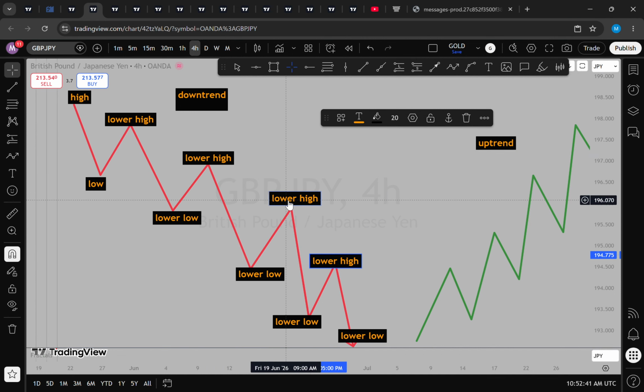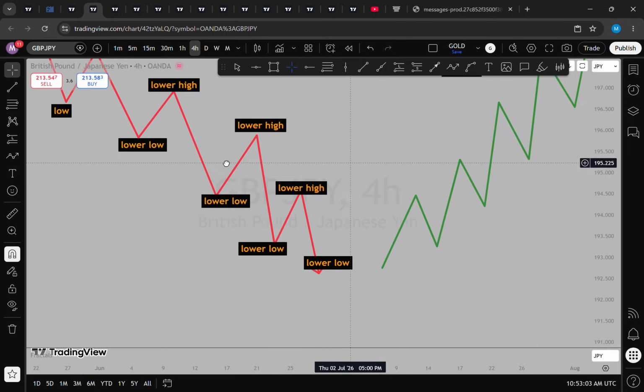This low is lower than this high. That's why we say lower high, lower high, lower high. From this side we have lower lows: this low is lower than this low, lower low, this low is lower than this low. So these are the basic swings on a downtrend.